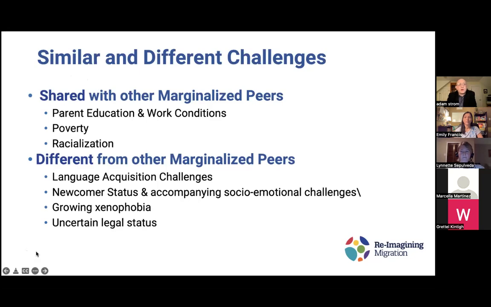I think it's important to think that, with other marginalized communities, often there's an overlap in parent education and work conditions, right? These are massive generalizations, but there may be overlap in difficult work conditions or people working many extra hours. In some marginalized communities, poverty is part of the story, right?